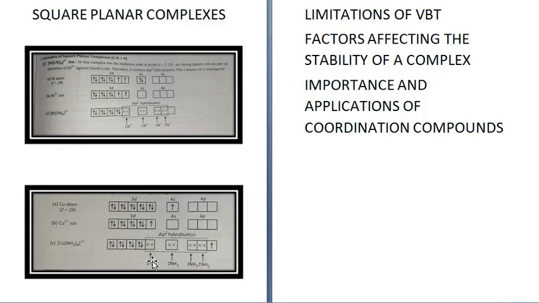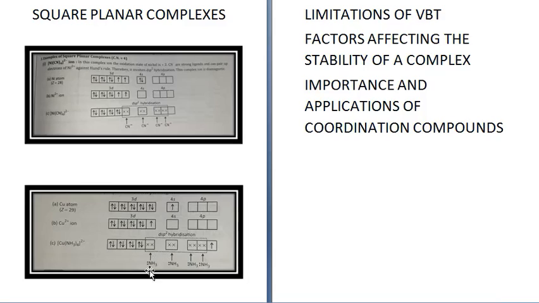Now in this case, Cu(NH3)4, again the electron that is present in 3d jumps to 4p, and the d orbital, s orbital and 2 of the p orbitals hybridize into dsp2 hybridization.